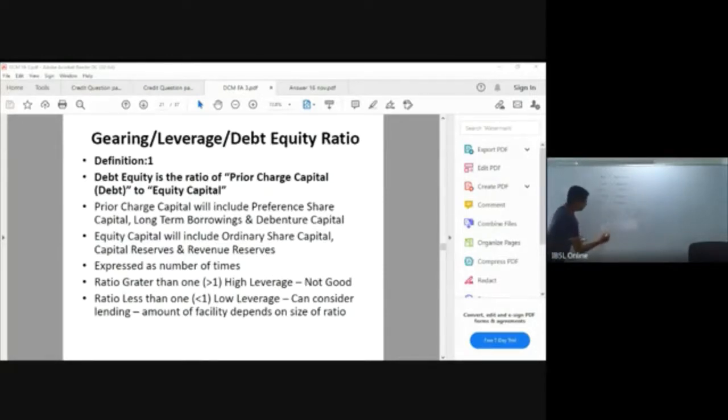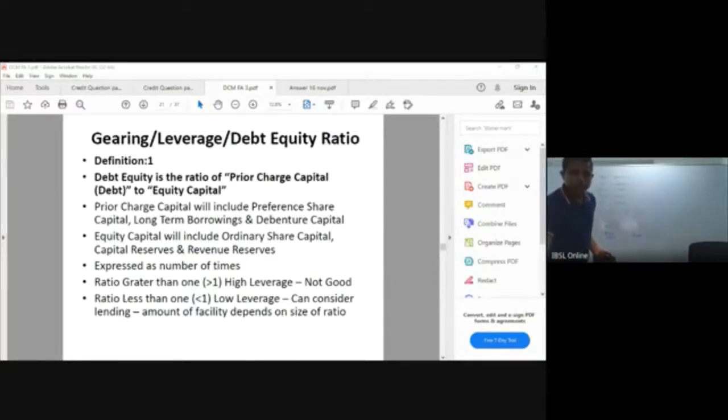Sorry, 0.23. This is less than 1. Then the second one, you take 500,000 divided by 1,980. That is also 0.25. Right.